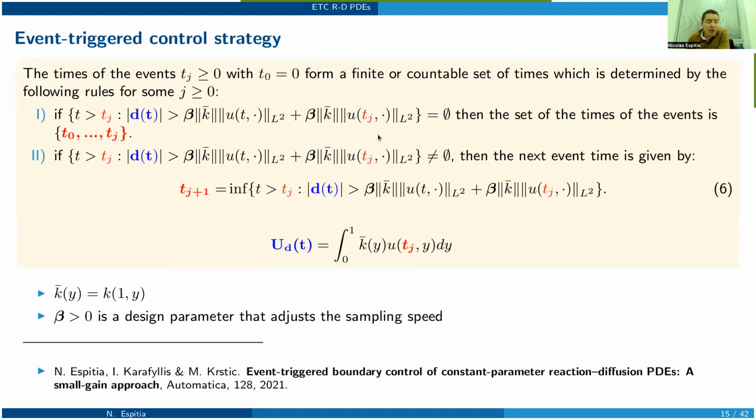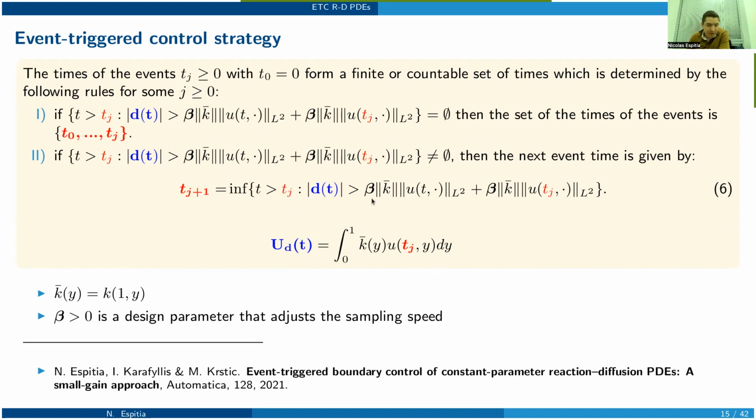And now we define formally the event-triggered control strategy, which includes the feedback, which is updated on events, and the triggering condition, which monitors the deviation of actuation and compares it with the L2 norm of the state and the L2 norm of the state the last time we sampled.